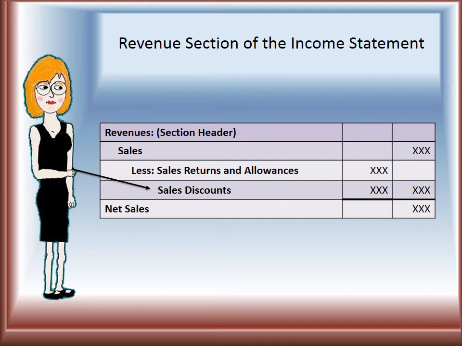We are subtotaling these two amounts, so we will pull them over one column and simply place the total of those two added together into the right-hand column. Then we will subtract to get net sales. So our net sales is our sales minus our sales returns and allowances and sales discounts.